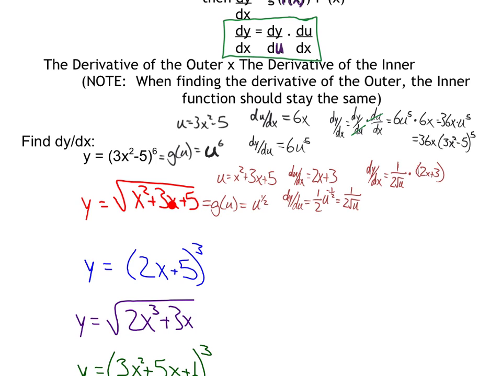And all we have to do now is substitute u back into this. I'm going to write it as one big fraction: 2x plus 3 over 2 times the square root of x squared plus 3x plus 5.